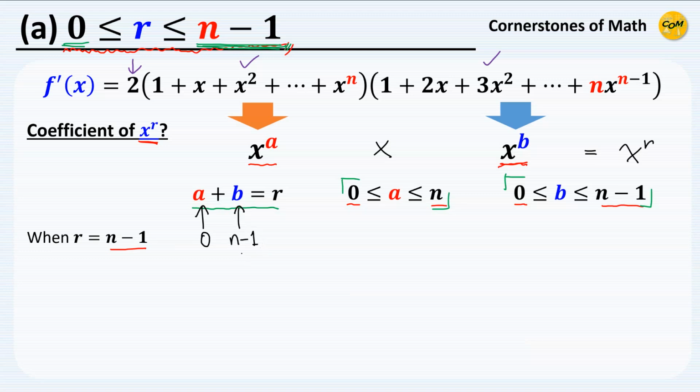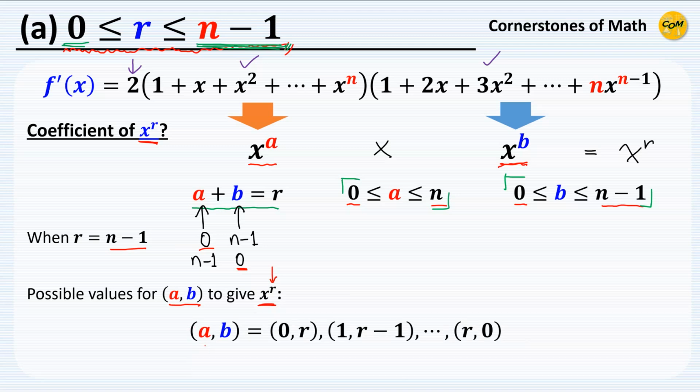On the other hand, when b equals 0, a can also have the value of n minus 1. Therefore, for a general value of r, the possible pairs (a, b) go all the way from a being 0 to b being 0, which are (0, r), (1, r minus 1), and so on, all the way up to (r, 0).